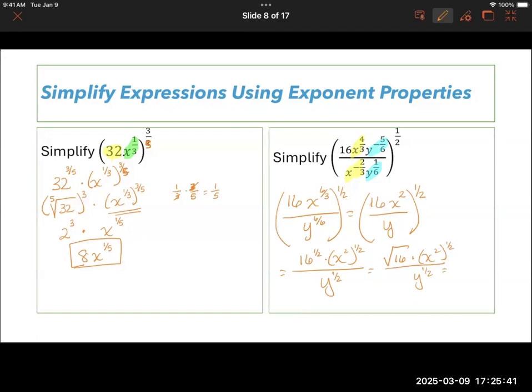So square root of 16 will give us a 4. X squared to the 1/2. Again, we multiply our exponents together and we just get x. And then our y to the 1/2 in the denominator. And this would be our final answer.